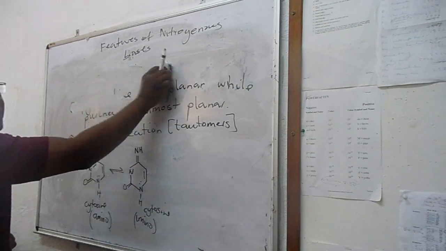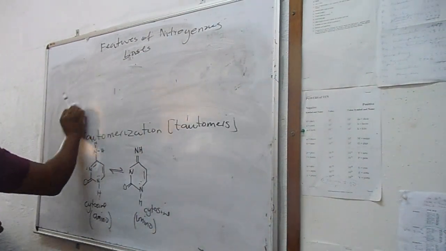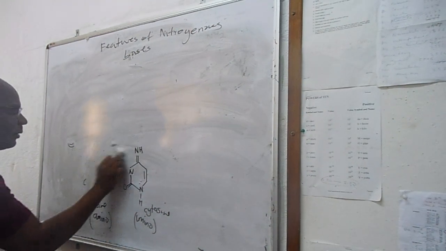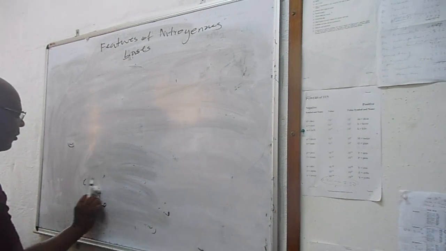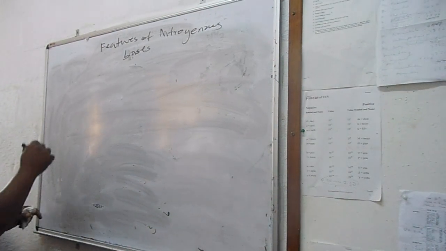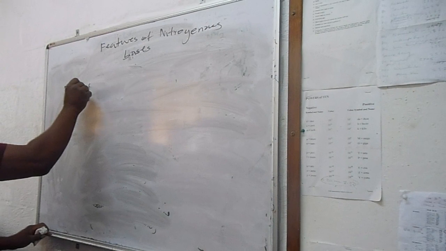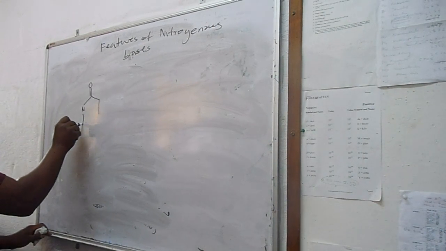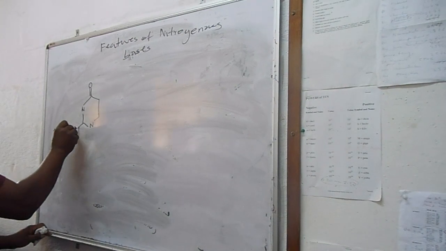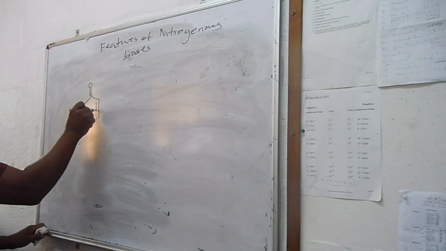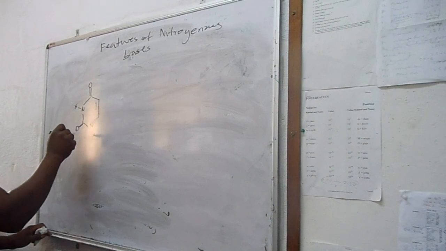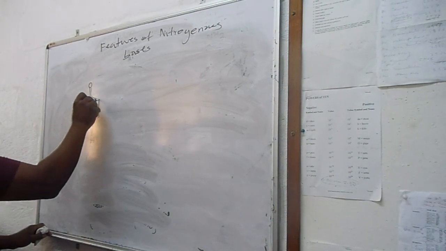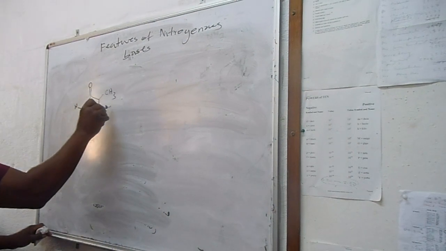So the other examples that we can think of, let's look at thymine. We've looked at cytosine. Let's look at thymine, whether it can exist as a tautomer. So this will be our thymine, with a methyl group there.